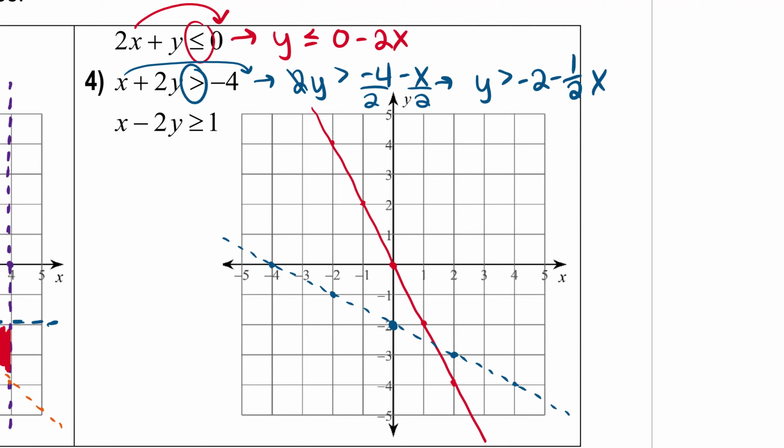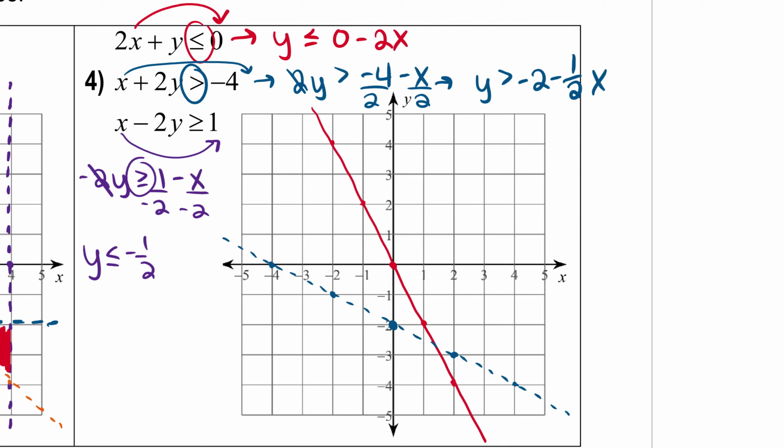Okay, and then last one is right here. We have to move this x over. So I would have negative 2y greater than or equal to 1 minus x. And then of course divide by negative 2. So we have y, and because we divided by a negative, this sign changes. So 1 over negative 2 is just negative 1/2.